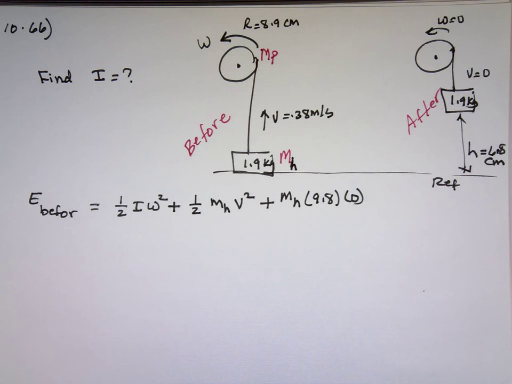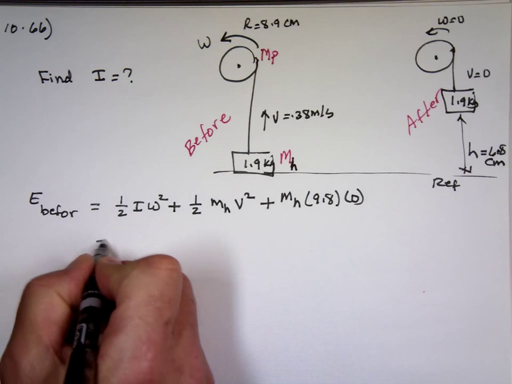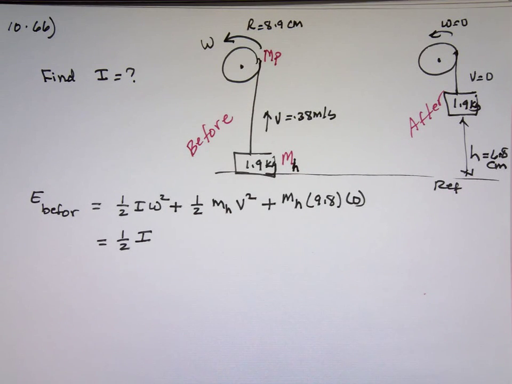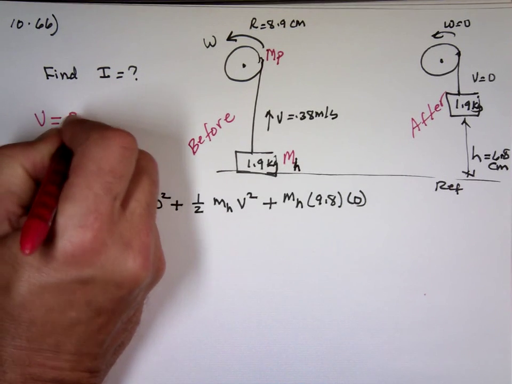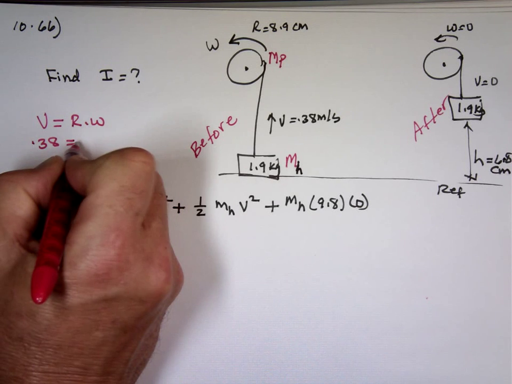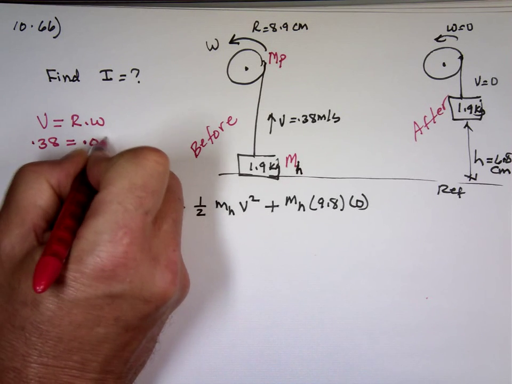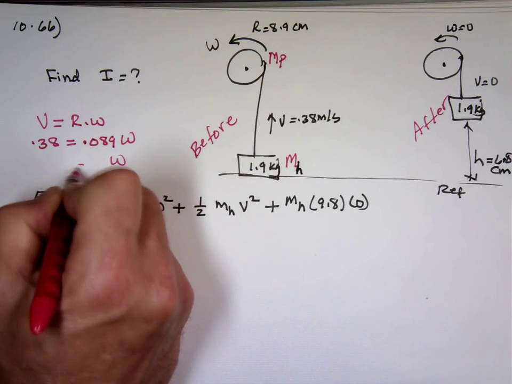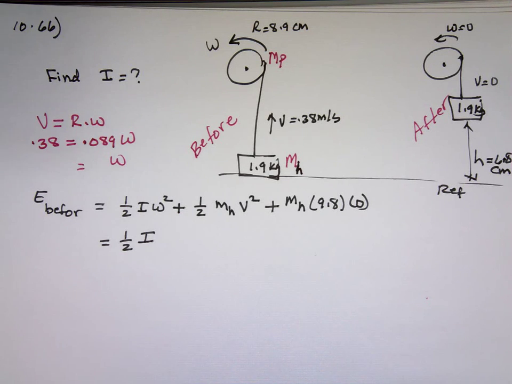Plug in the values. I'm looking for I. We don't know what W is, but we know what V is, right? V equals R times W. V is 0.38. R is 0.089 meters, that's in centimeters, you divide it by 100, times W. What's W? 4.27.